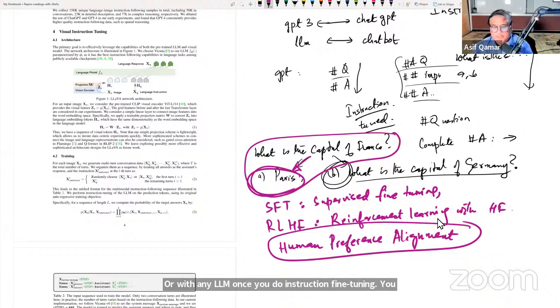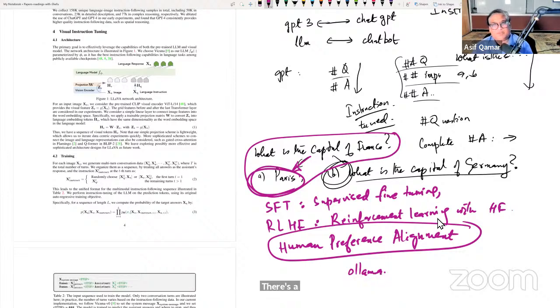One of the easier ways to do that today is to just download Ollama as a software, run it, and ask it to pick up any one of the open source models, and it will happily let you chat with it. All of those models that you are chatting with using a tool like Ollama or any one of its variants are basically instruction-tuned LLMs. So that's the word.